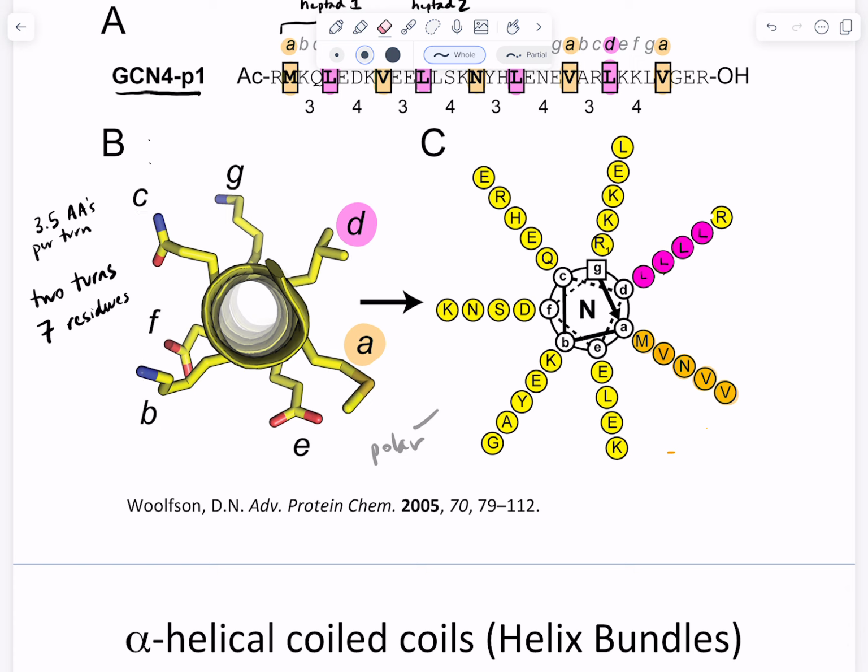We start with the A position methionine. The helix goes around to this B position lysine, C position glutamine, and then a D position leucine. Notice we've already made 1 turn of the helix, so the helix is spiraling around away from you into the page. We're looking at the helix from its N terminus.